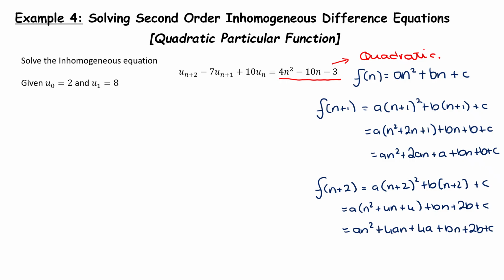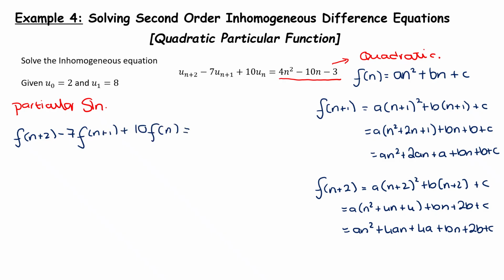So let's go ahead and work with our particular solution. So our particular solution is going to be f of n plus 2 minus 7f of n plus 1 plus 10f of n equals 4n squared minus 10n minus 3.